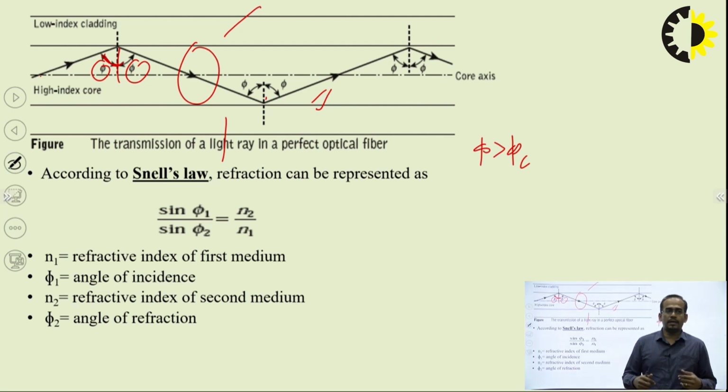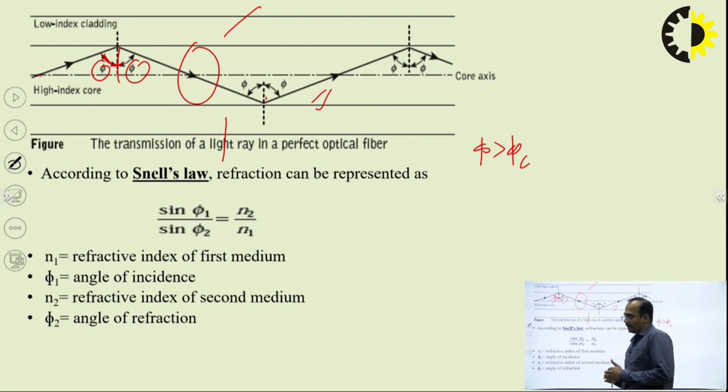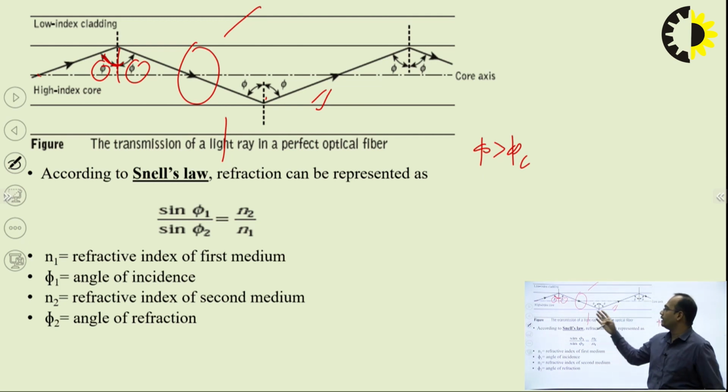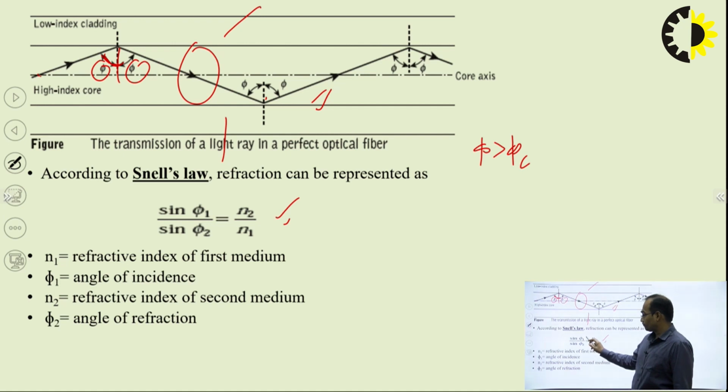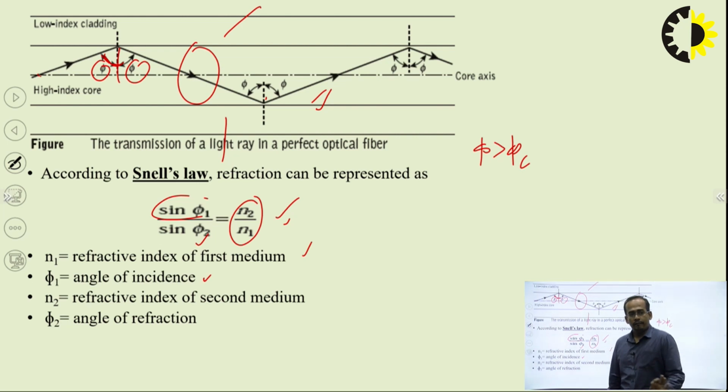According to Snell's law, suppose the light is entering from this point, coming from the air, medium 1, to medium 2, that is the core. Then it will follow sin phi 1 by sin phi 2 equals n2 by n1, where n1 is the refractive index of the first medium and phi 1 is the angle of incidence, and n2 is the refractive index of the second medium and phi 2 is the angle of refraction.